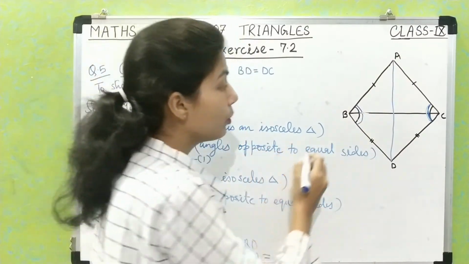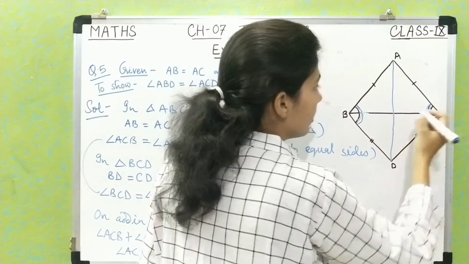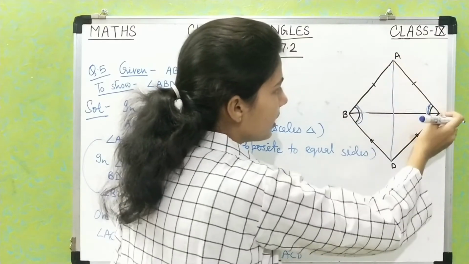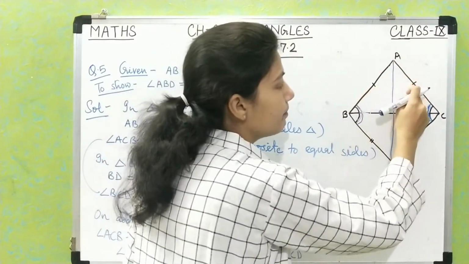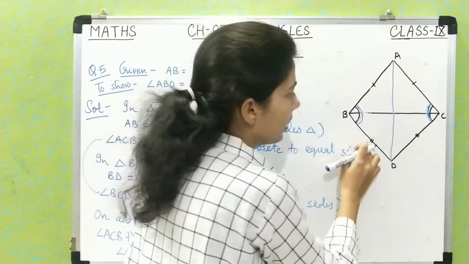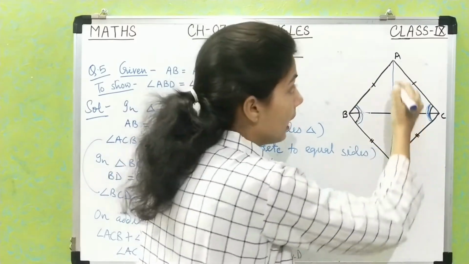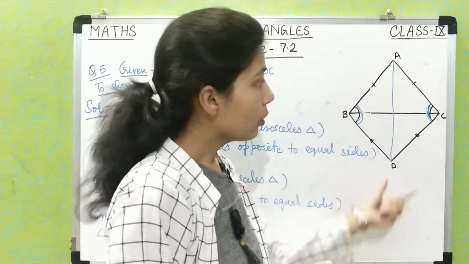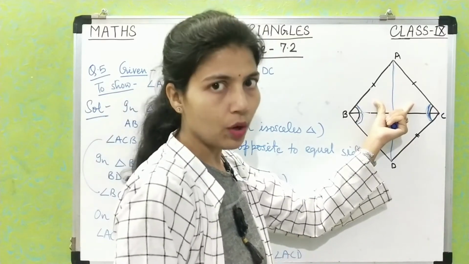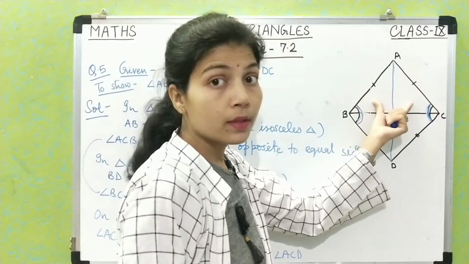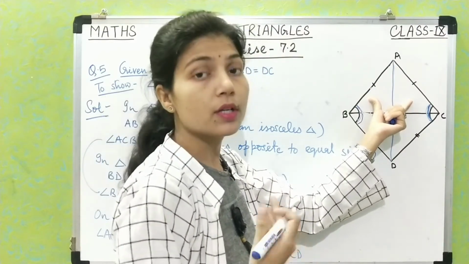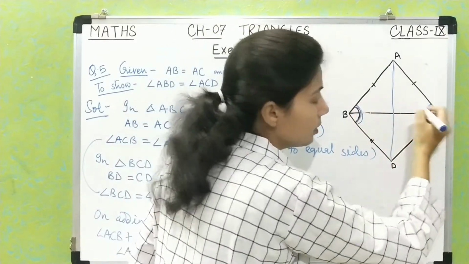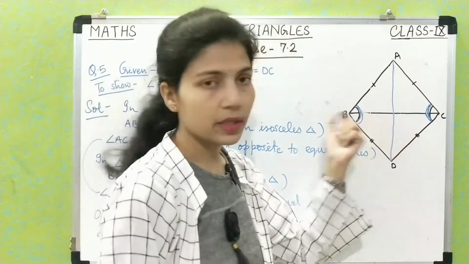Now we have to consider triangle ABD and triangle ACD, in which one pair of sides is equal, one more pair of sides is equal, and this is the common side between the two triangles. So by the SSS congruency criterion, these two triangles will be congruent. Now the corresponding parts of these triangles will also be equal, so this angle will be equal to this angle. In this way we can also solve this question.